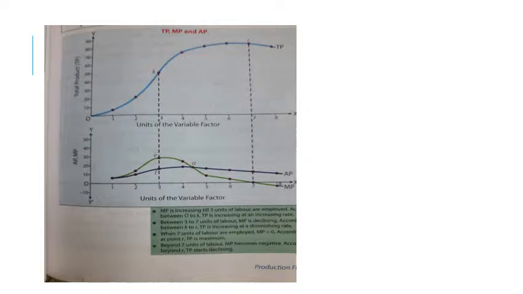So total production in the beginning increases at an increasing rate, then it increases at a diminishing rate. At the seventh unit of employment of labor, it becomes maximum. And after that, total production starts falling. So in case of average and marginal, when total is maximum, marginal becomes 0.